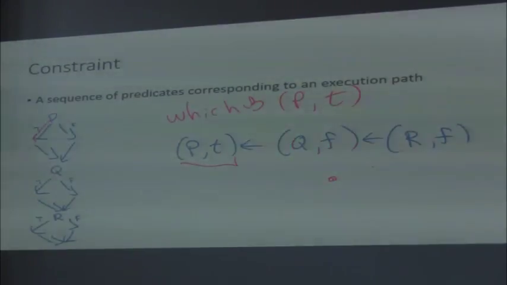Then as I go later on, I get to q, and maybe q goes false. So I'm going to create another predicate, and I need to chain that predicate to say it happened after this predicate. So I'm essentially creating a tree, a path through the tree.